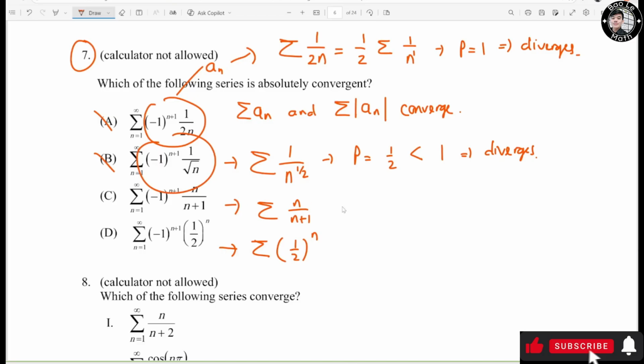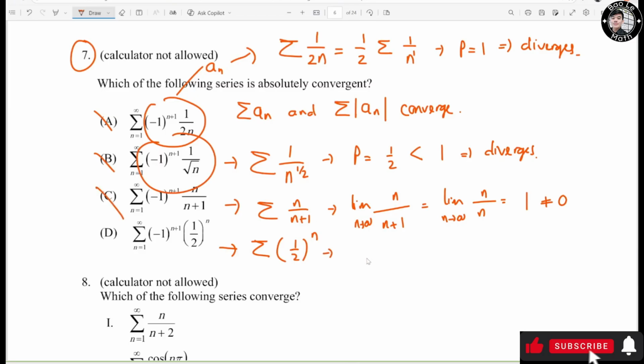Now for C right here, we need to find the limit of n over n plus 1 when n approaches infinity. It's going to be the limit of n over n, and it's actually 1, different from 0. So by the nth term test, the series diverges. So we need to eliminate this one.